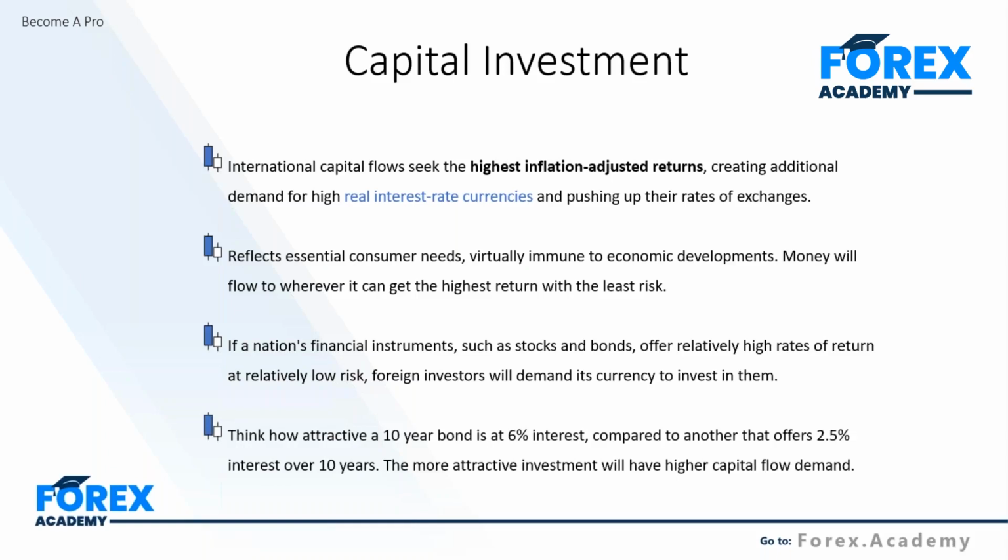If we're looking to trade a bond at 6% interest compared to another that offers 2.5% interest, and they're both 10-year bonds, it's your choice where you want your capital to flow into, what investment you are looking to trade with. The more attractive investment will have a higher capital flow demand, and it's going to increase the level of demand for the currency as well.